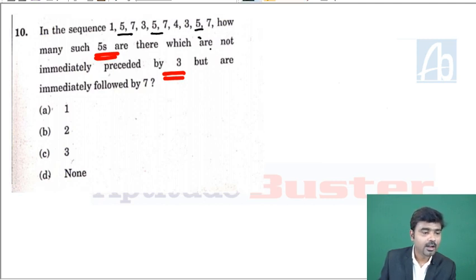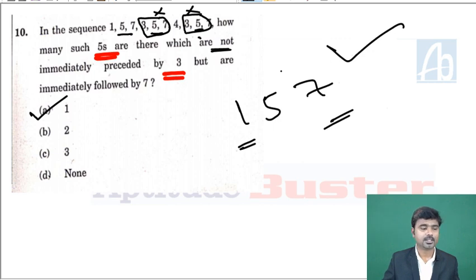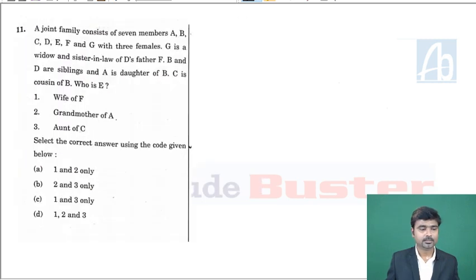It's given, not immediately preceded by 3, so you can eliminate this one and this one, but immediately followed by 7, right? So the answer should be only one possibility, 157. In this case only, not preceded by 3 but followed by 7. The answer is the first option A, the answer is 1. Have you understood? That's a very simple question.